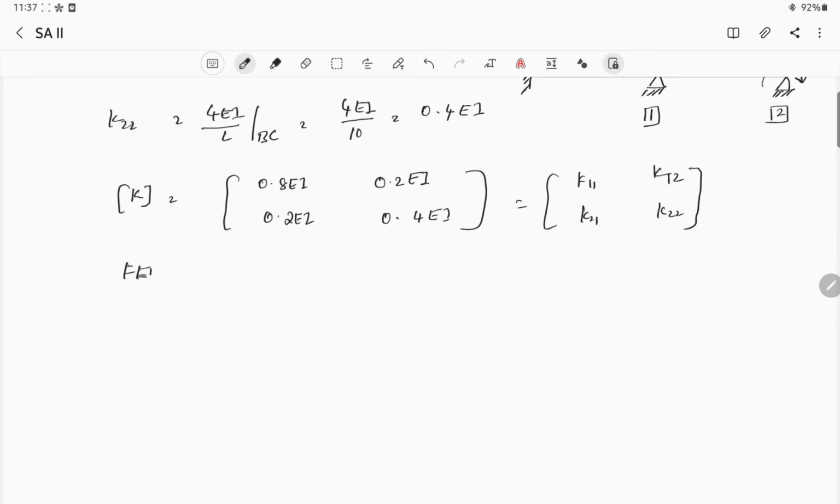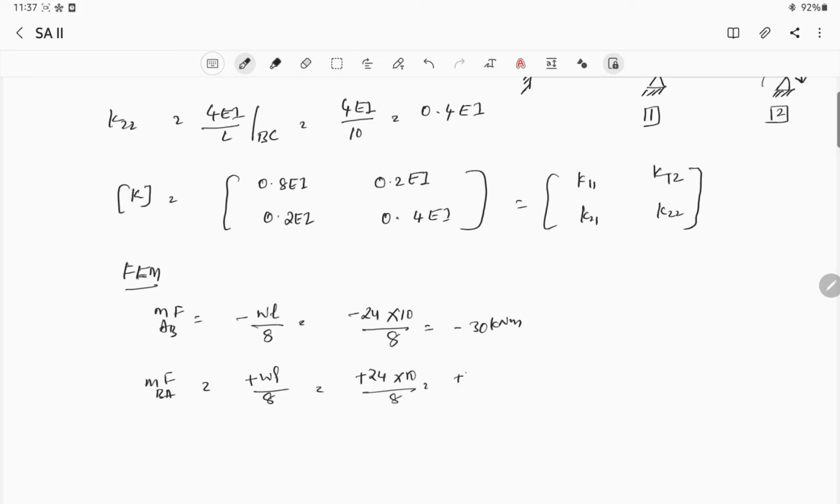So MF AB is equal to, since we have central point loads, minus WL by 8, is equal to minus 24 into 10 by 8, which is equal to how much? Minus 30 kilonewton meter. What about MF BA now? Plus WL by 8, which is equal to plus 24 into 10 by 8, is equal to plus 30 kilonewton meter.